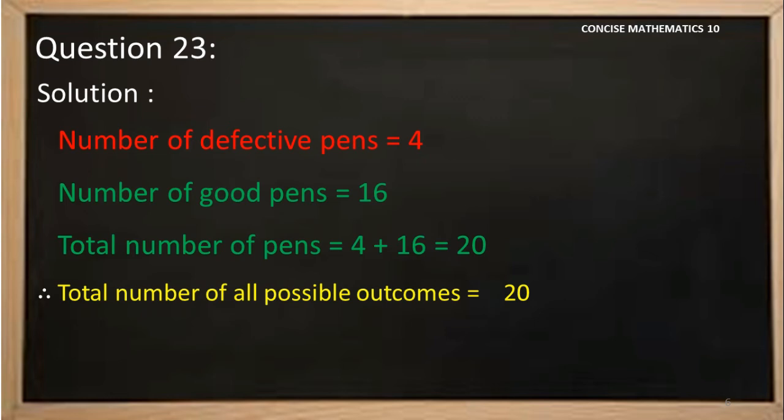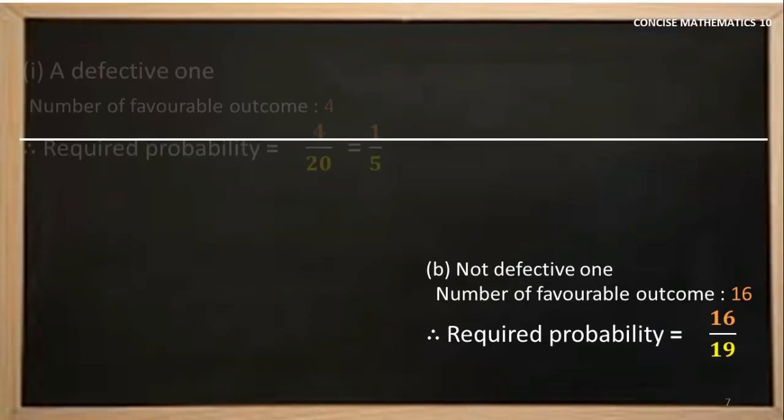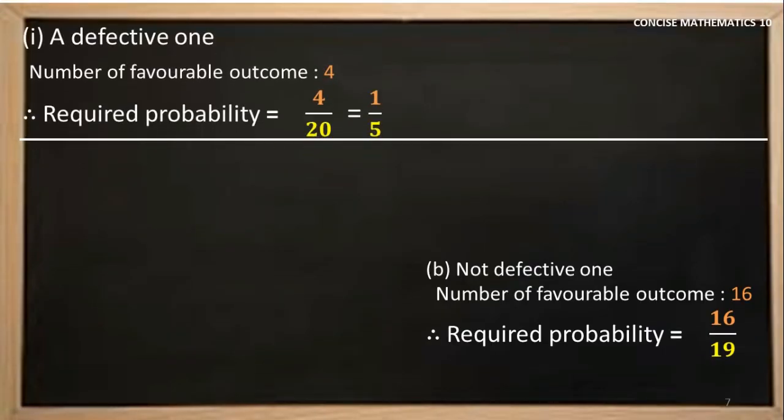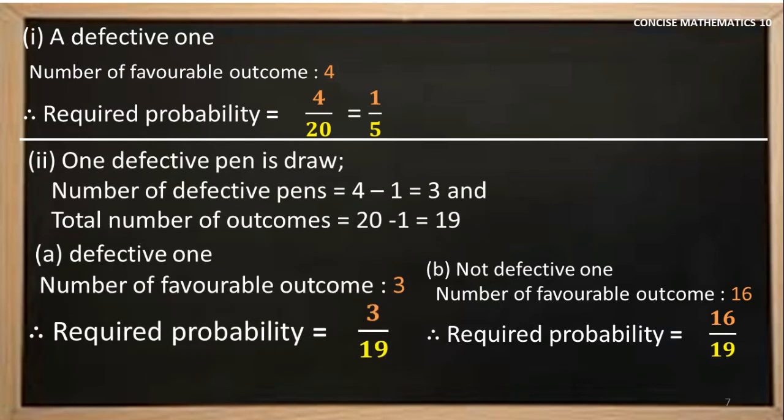So 4 defective pens are accidentally mixed with 16 good ones, means we have 20 pens, among them 4 are defective and 16 are good ones. Hence the total number of all possible outcomes is equal to 20. And in the sub question 1, it is asked to find what is the probability that the pen is defective. We have 4 defective pens out of 20, hence the probability is 4 by 20, which is equal to 1 by 5.